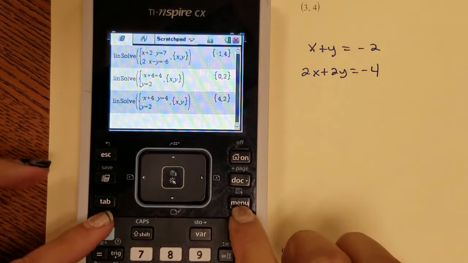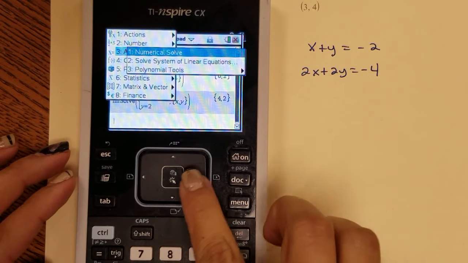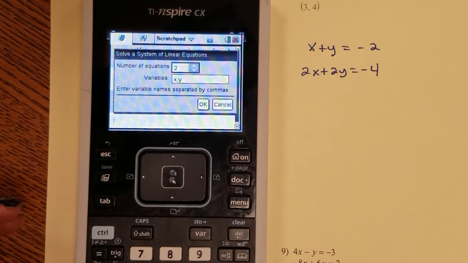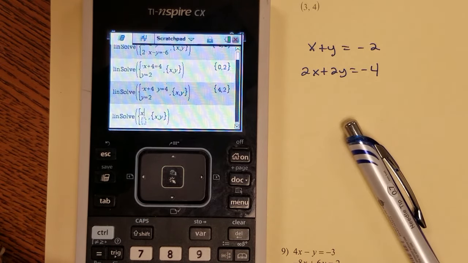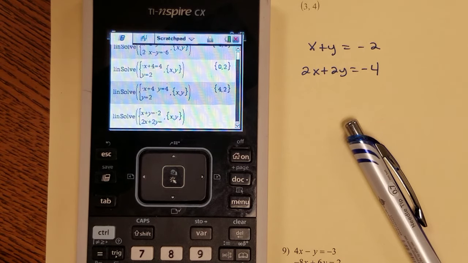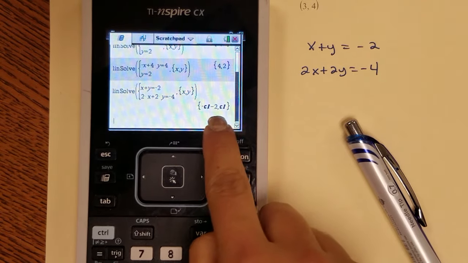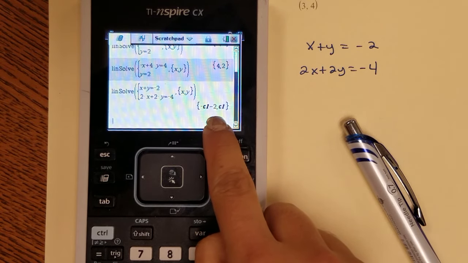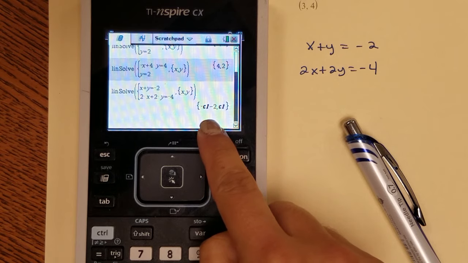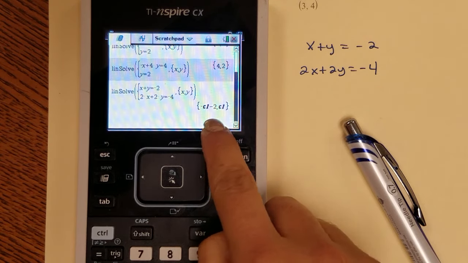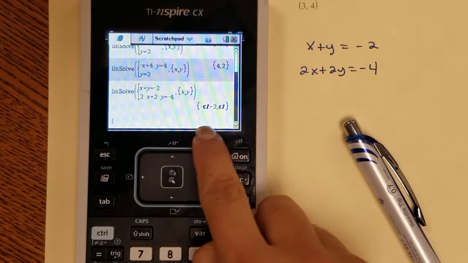If you type that in, menu, algebra, solve, and you plug it in, x plus y equals -2, 2x plus 2y equals -4, you're going to get something funny that looks like this. You're not going to get an answer. So you need to check it algebraically. If you have something like this, it means that you have infinite solutions.